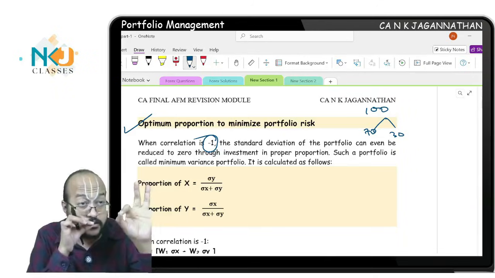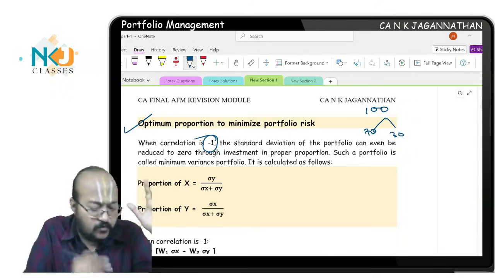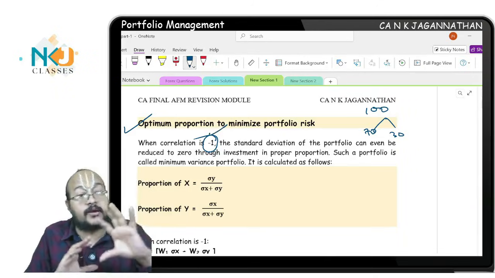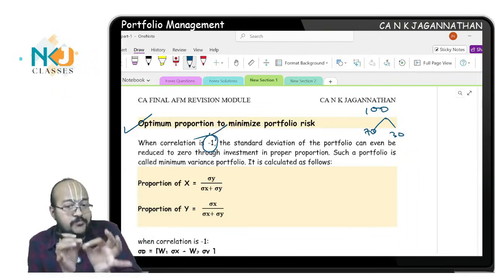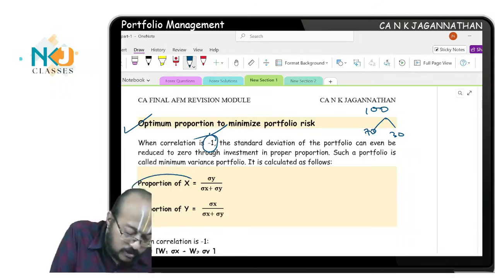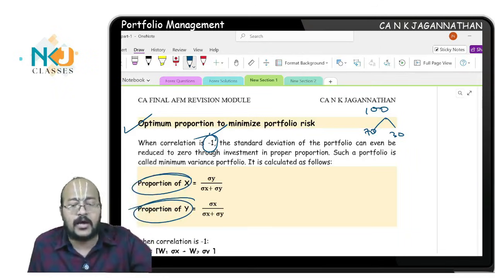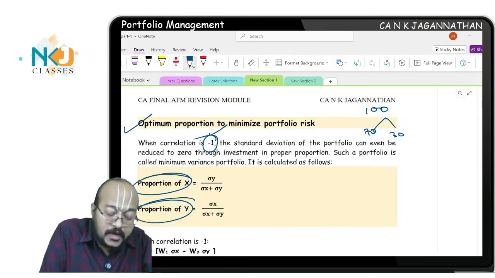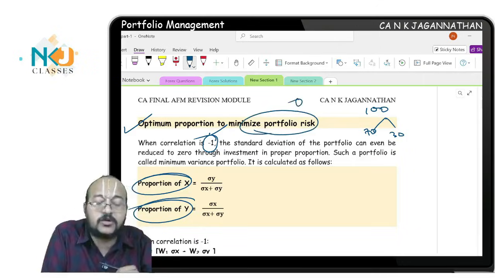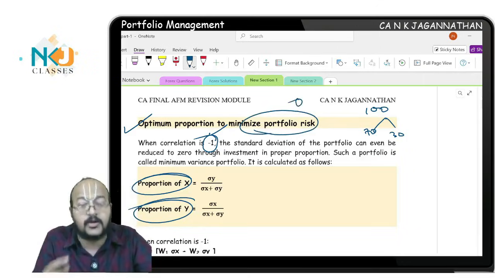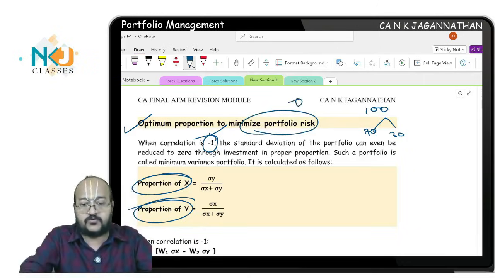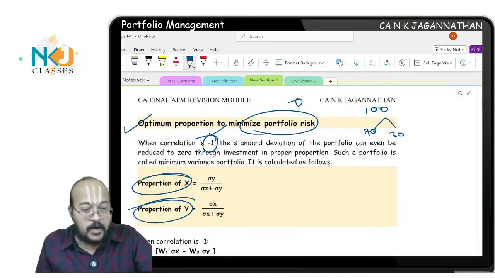But when the two securities' correlation is perfect negative, -1, you can construct a portfolio using some proportion, which we will find out. There is a formula for this, called the minimum variance, zero variance portfolio. As per Markowitz theory, you can even reduce the portfolio risk to 0. If the correlation is -1, you can reduce the portfolio risk to 0, but it cannot be reduced always.